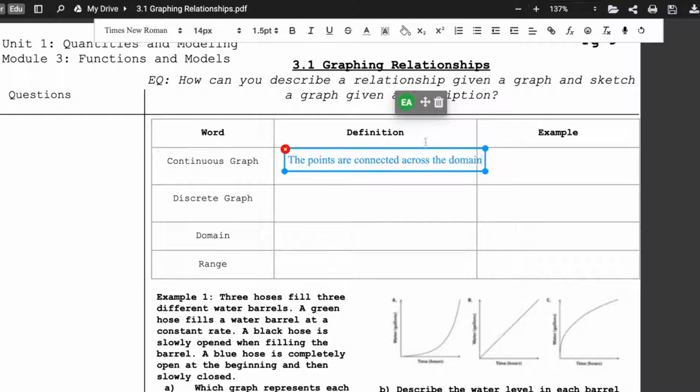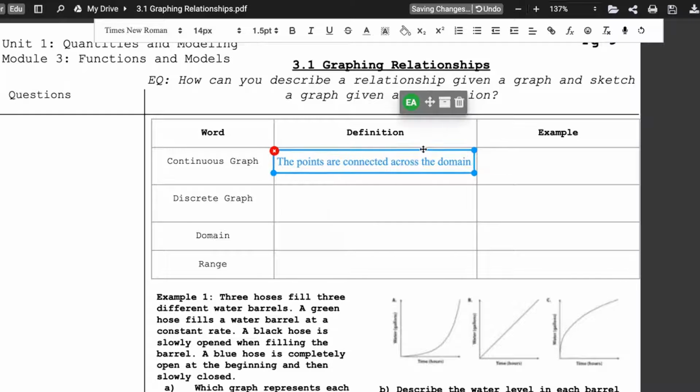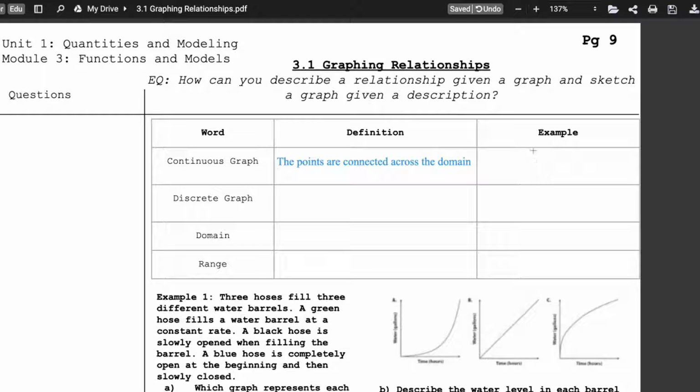So the way my teacher told me about continuous graphs was that when you draw it, you can draw it without picking up your pencil. So an example of a continuous graph would be that if I just sketched a rough guy here, then a continuous graph might just kind of have like this U shape, right? And then arrows. So it goes off forever here and off forever here, but it doesn't end.